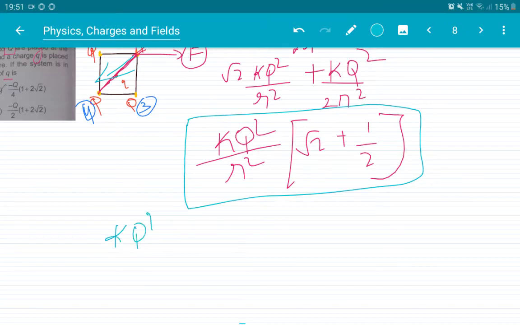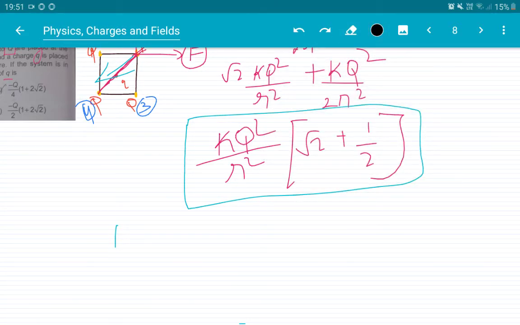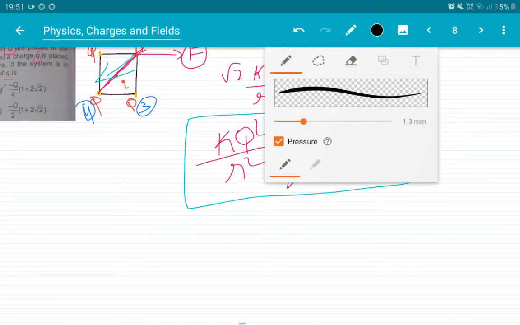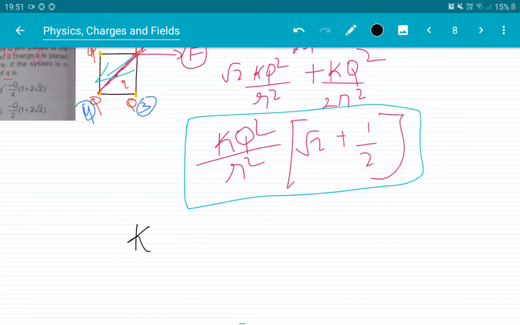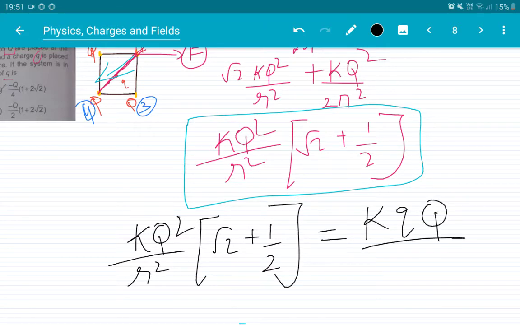kQ square by r square times root 2 plus 1 by 2 is equal to k small q capital Q by, what is r here, root 2 r by 2 whole square, because the total diagonal length is root 2 r, and small q is placed exactly at the middle, that means by 2.